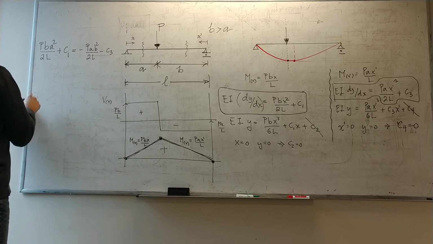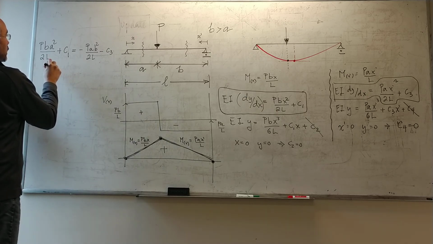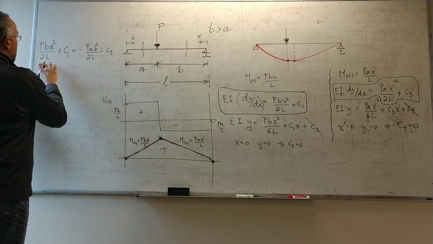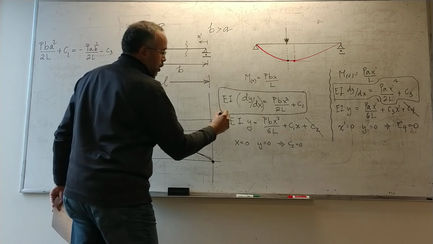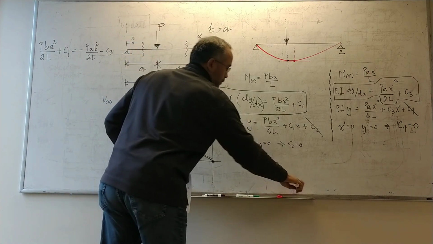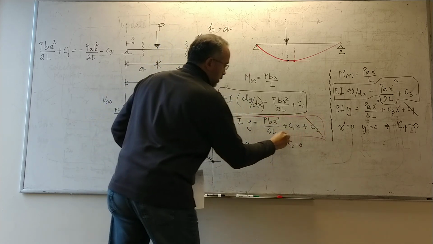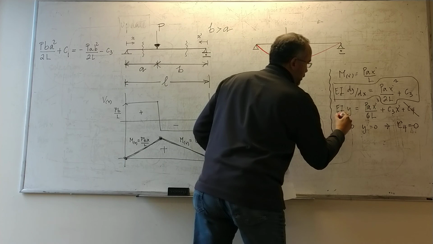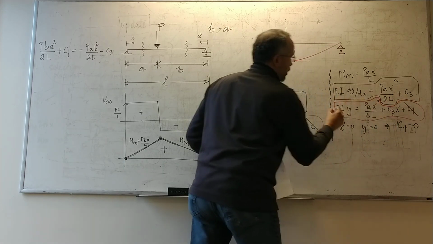So we get this by equating these two, and now we are going to equate these two, right? This is the vertical deflection. This equals that.